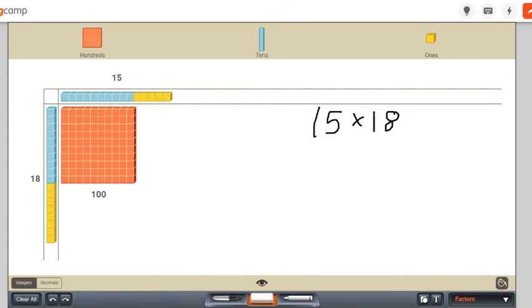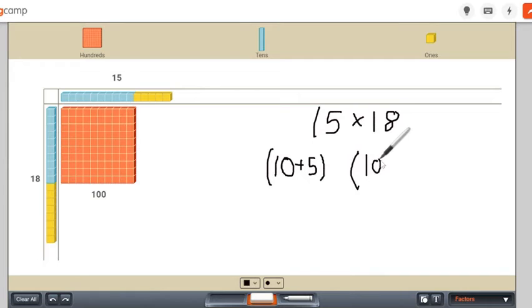So essentially we said this is 10 plus 5 and then 10 plus 8. So the first thing we did is 10 times 10.